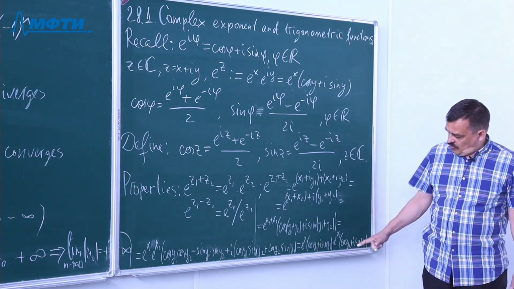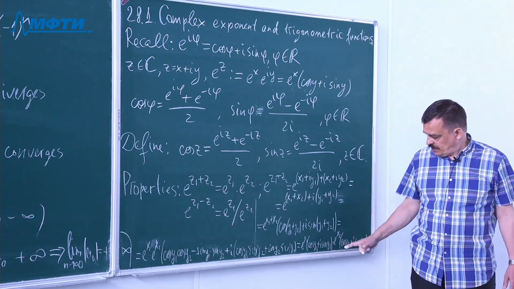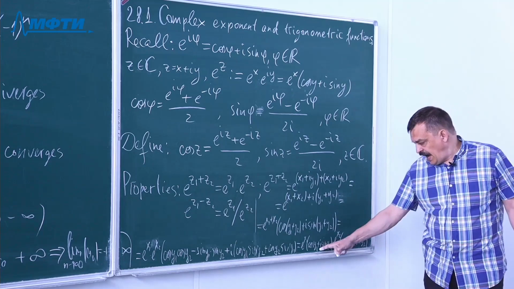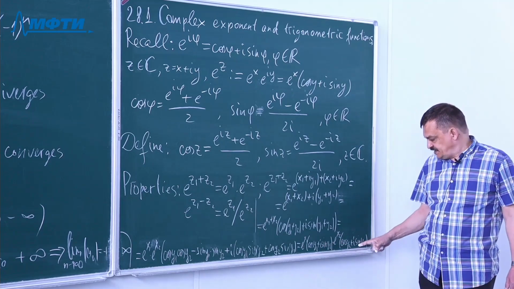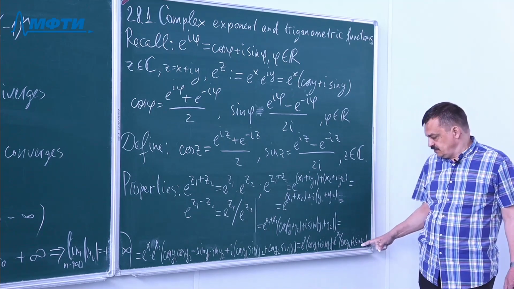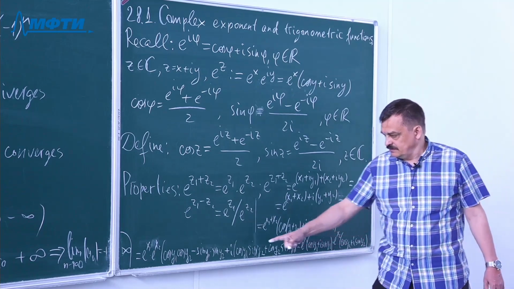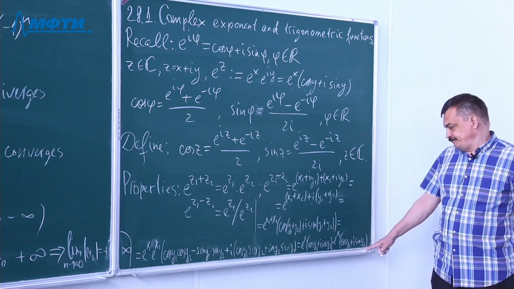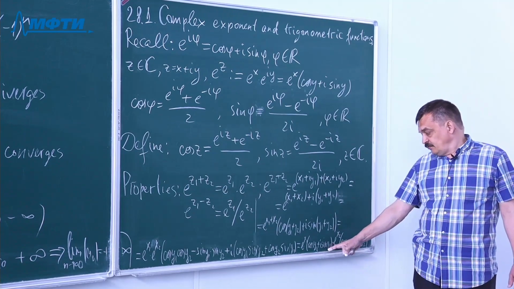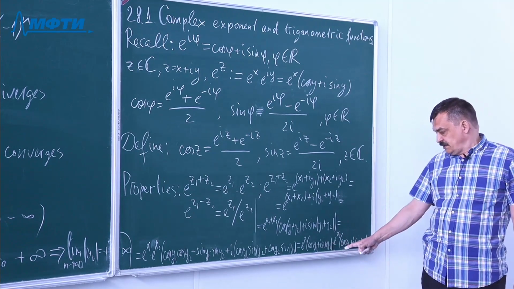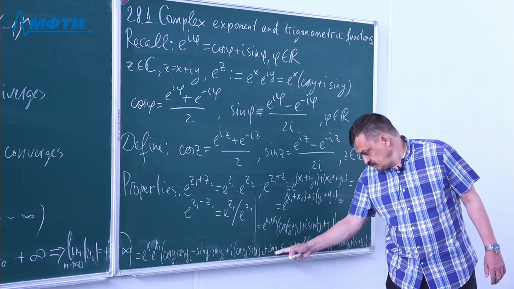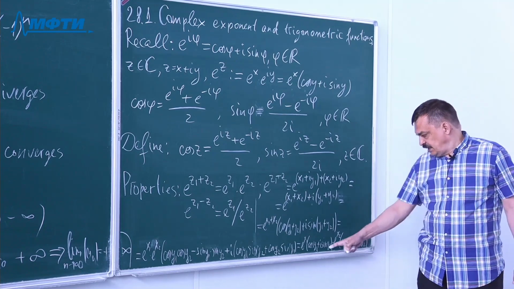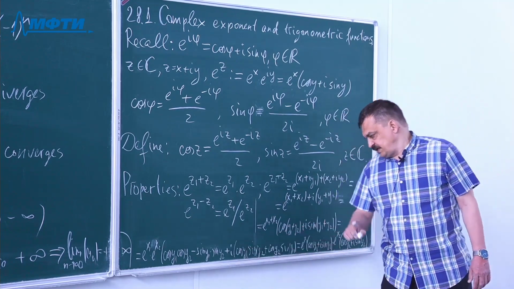Just open brackets. So cosine y1 cosine y2, we have it. Then i sine y1 times i sine y2 gives minus sine y1 sine y2. And lastly, i sine y1 cosine y2 we have, and i sine y2 times cosine y1 also we have.